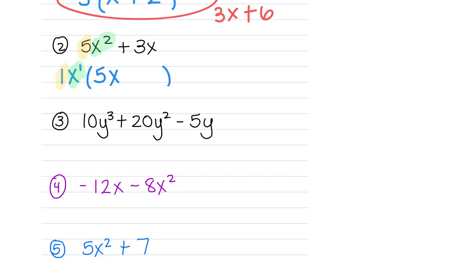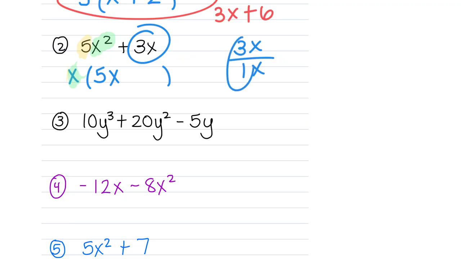Now I'm going to do 3x divided by 1x. Honestly, the 1 in front here and the 1 here are not necessary. So what is 3x divided by 1x?